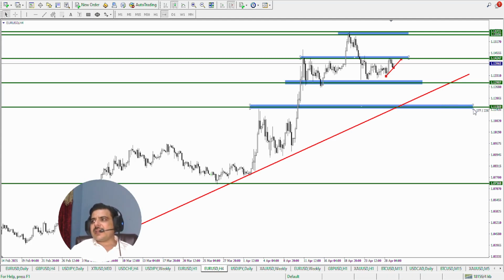So if one has this whole data in his mind, this whole information in his mind, then I think trading it in real time should not be a bigger problem. So it is ranging at the moment, but remember 1.1572 and 1.11569.